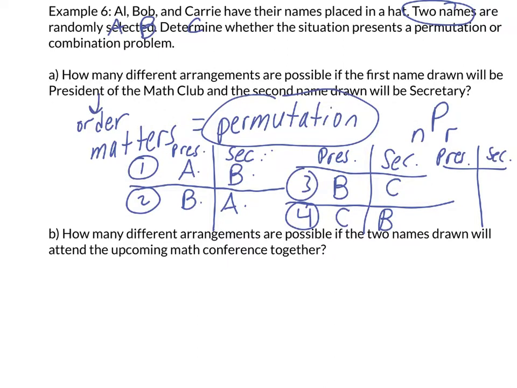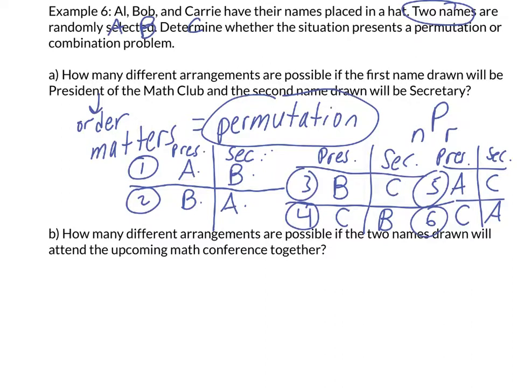Notice that I end up double counting every pair of names when order matters. I could also draw Al, then Carrie's names. So Al, president, Carrie, secretary. Or the 6th scenario, I could draw Carrie's name first, Al's name second. So Carrie, president, Al, secretary.